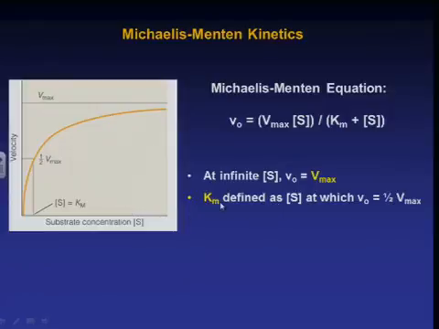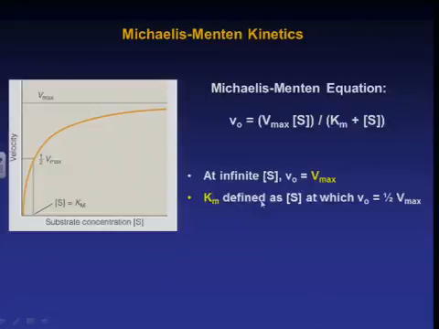Km, by definition, is the concentration of substrate at which you have half maximal velocity. So when you plot this out for an enzyme catalyzed reaction, you're going to reach some limit, and that limit is Vmax. That Vmax is at a given enzyme concentration, right? But that is where the reaction stops being dependent on the concentration of substrate, and you have this constant velocity up here, which is Vmax.